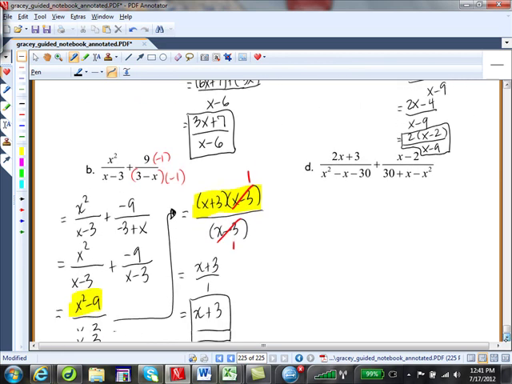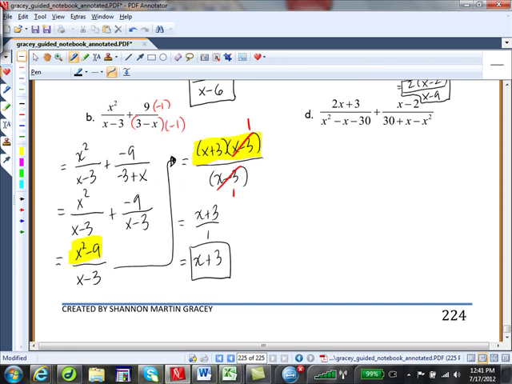Okay, and part D. Again, multiplying by negative 1 over negative 1 on that second fraction, we will have (2x + 3) over (x squared - x - 30), and then plus (-x + 2) over (-30 - x + x squared) when I distribute that minus through.